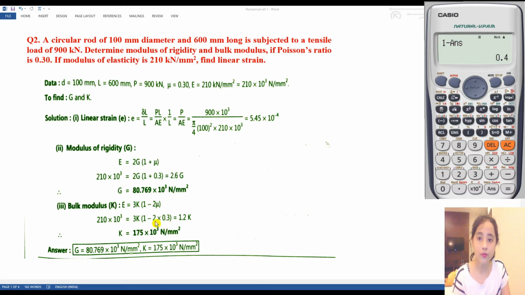So 0.4 into 3 is coming equal to 1.2, and K we leave as it is. So we have 1.2 K here, right?